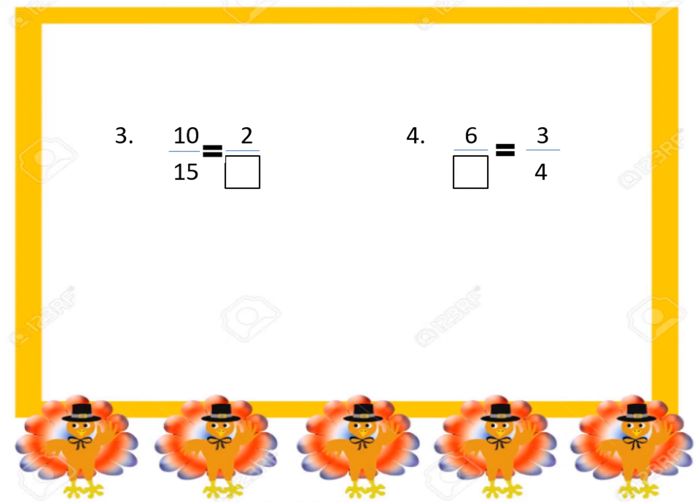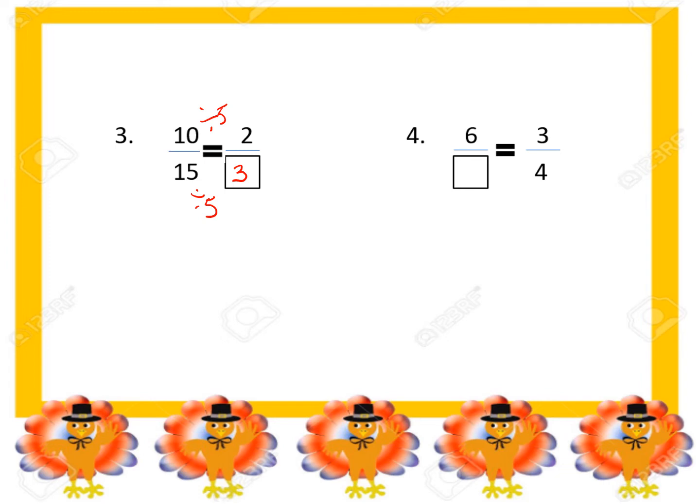All right, 10/15 is equal to 2 over what? Well, now the number got smaller, so what did I do to 10 to get to 2? I divided by 5, so I have to do the same thing to the bottom number. So 10 divided by 5 is 2, 15 divided by 5 is 3.